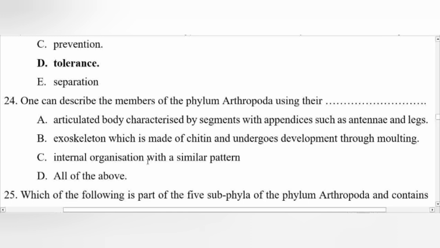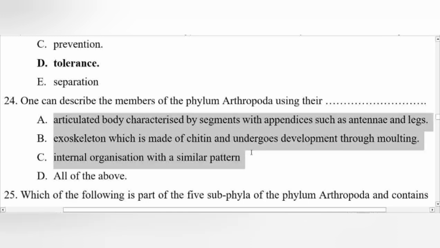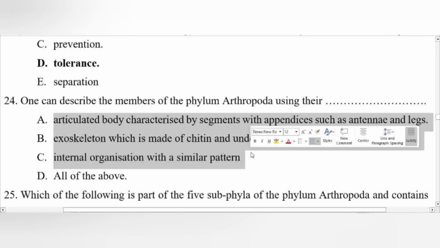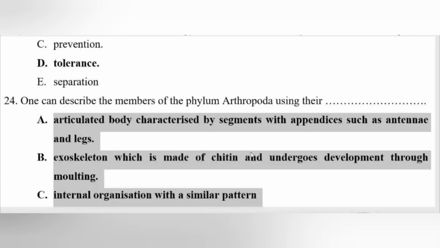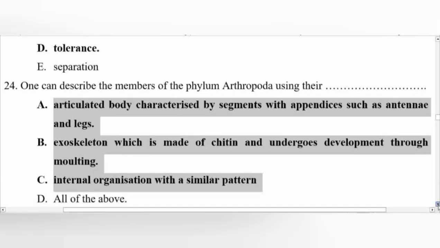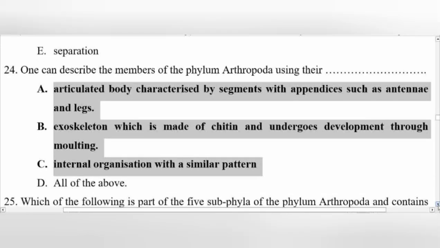Then there is internal organization with similar pattern. Yes, the arthropods have internal organization with a similar pattern. Probably one of these days we'll look at the internal structures of the arthropods, and you will appreciate this through an online lecture.